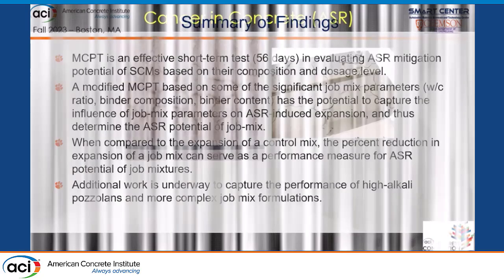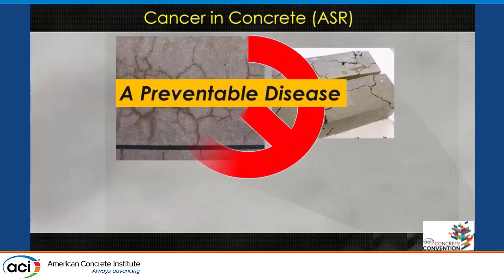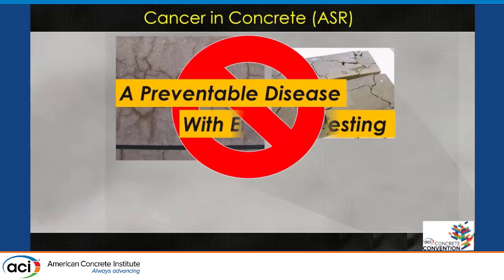So with that, I'd like to leave you with the final thought that oftentimes ASR is compared to cancer, a cancer in concrete. But I do sincerely believe that it is a very preventable disease with effective testing. And I think more and more, as you saw, there are a number of test methods being developed, including MCPT.